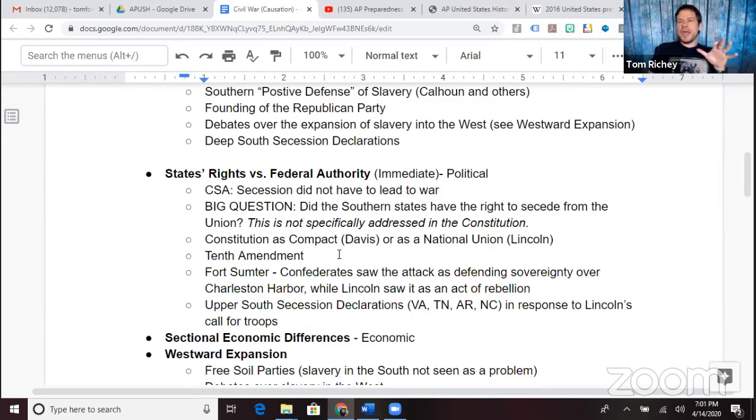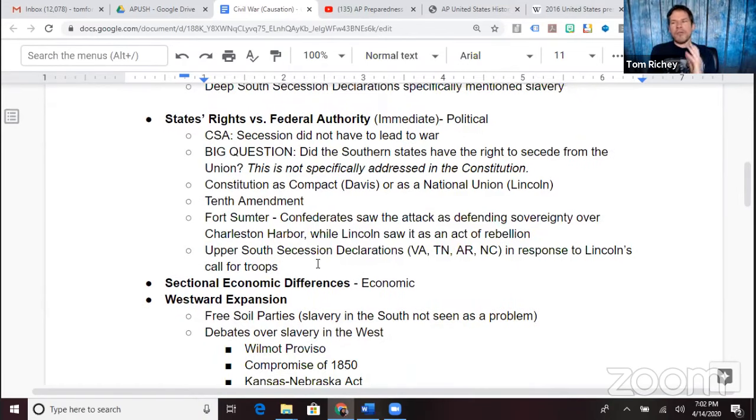While the Deep South secession declarations specifically mention slavery in their reasons for seceding from the Union, the Upper South is more of a protest against Lincoln's call for troops, which they see as coercive, that Lincoln is trying to coerce states back into the Union.